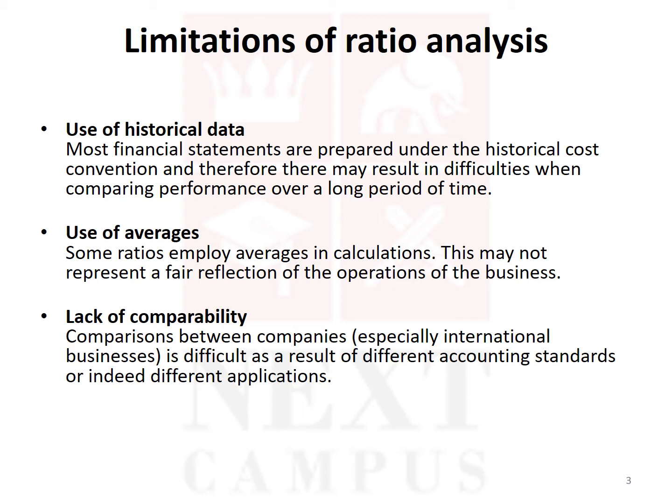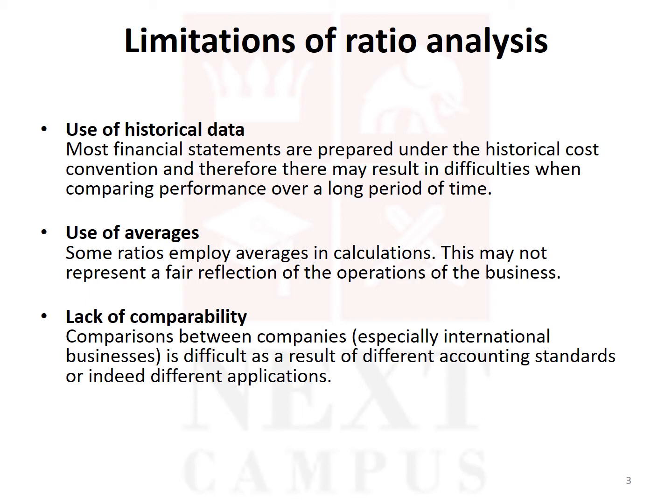For example, ratio analysis is done on the most recent previous financial statements. Revenue, gross profit margin, net profit margin, all those ratios will be computed, but that is already past financial data. So ratios are sometimes outdated. One limitation is that it uses historical data.